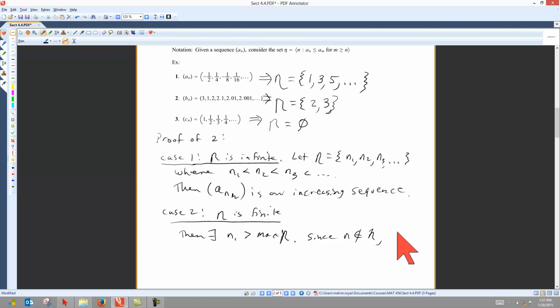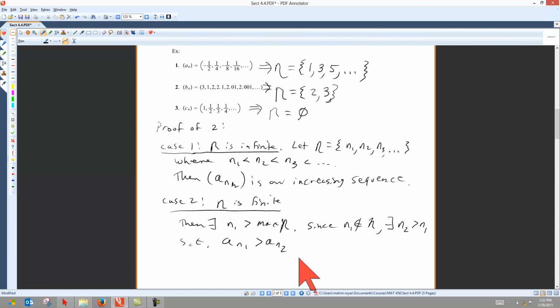And the way you can be in eta is if you're as small as anything that will come after you. If you're not in eta, then there must be someone smaller after you coming along. So this is N1. So there exists an N2 greater than N1, so that a sub N1 is greater than a sub N2.